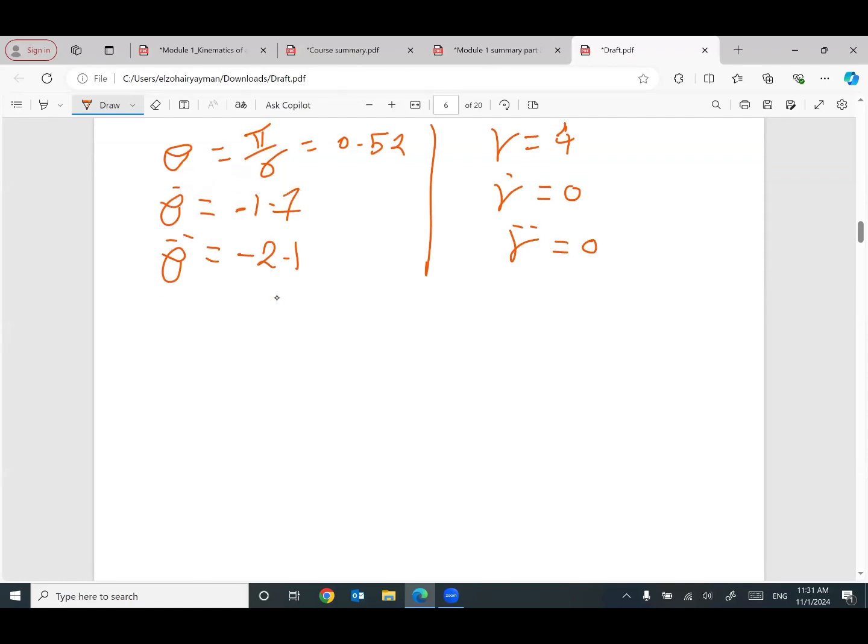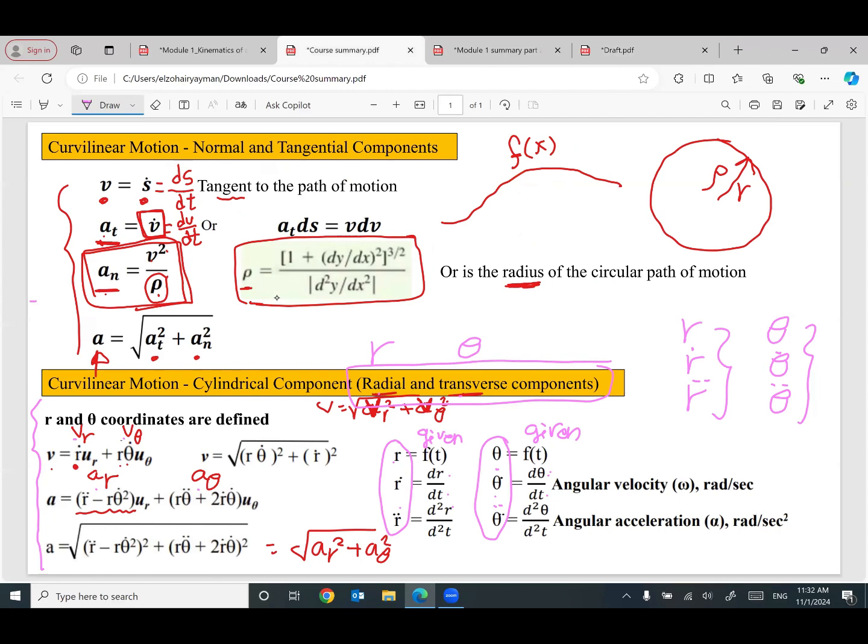I am ready. We are looking for the acceleration. Your acceleration has two components, A_r and A theta. A_r equals r double dot minus r theta dot squared. If you go back to the summary, here you go.